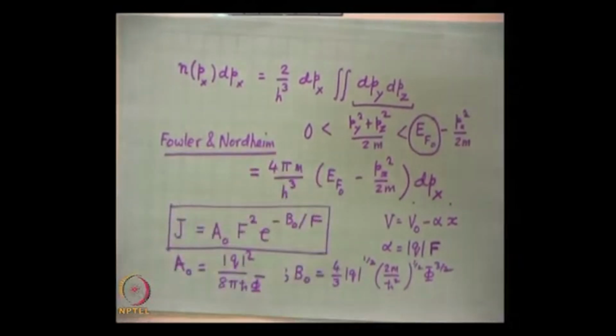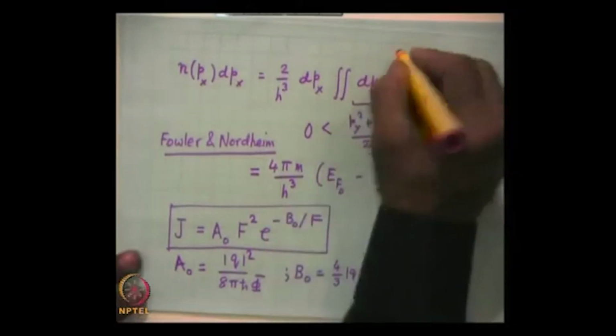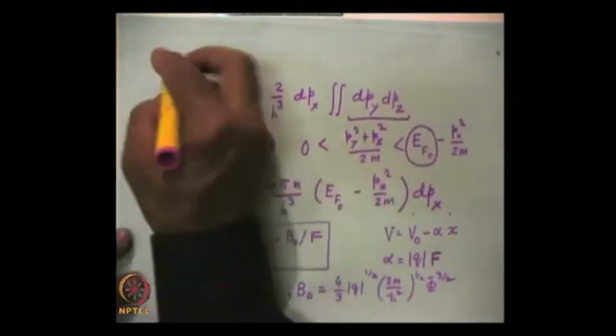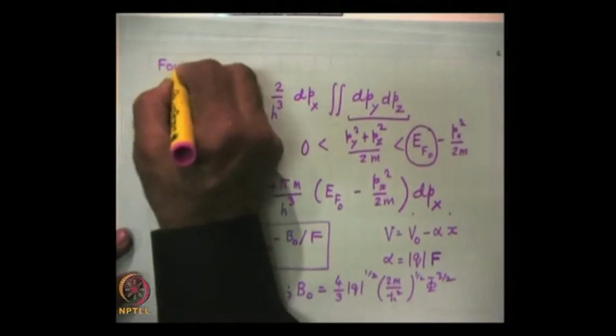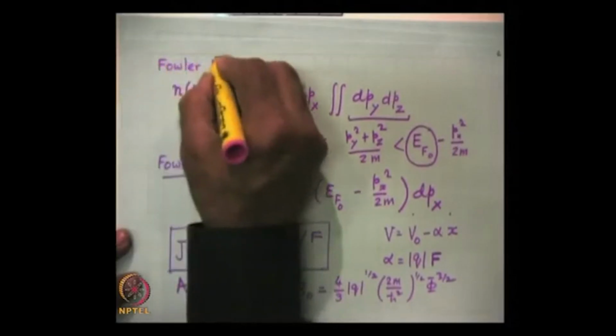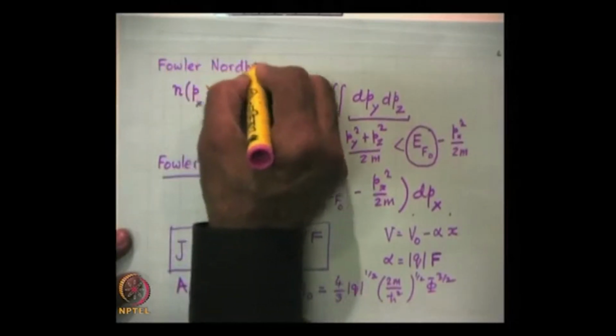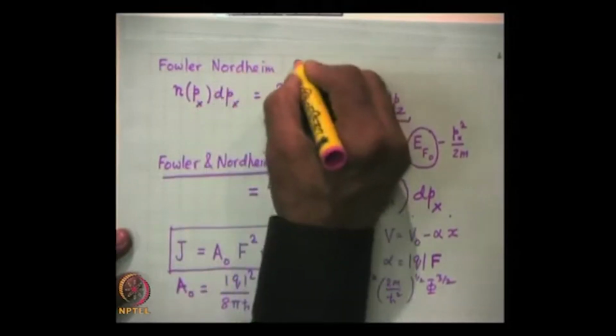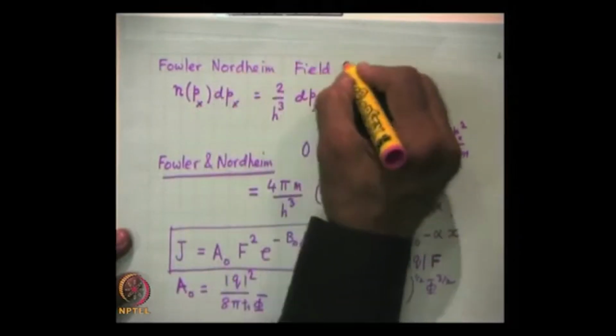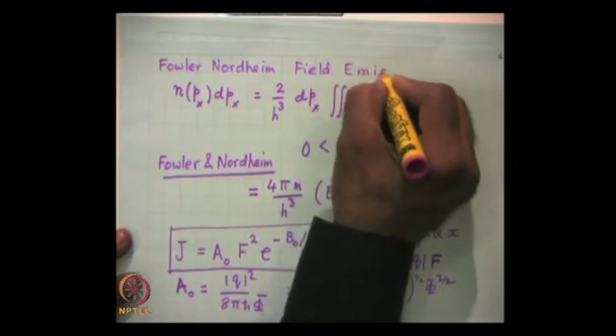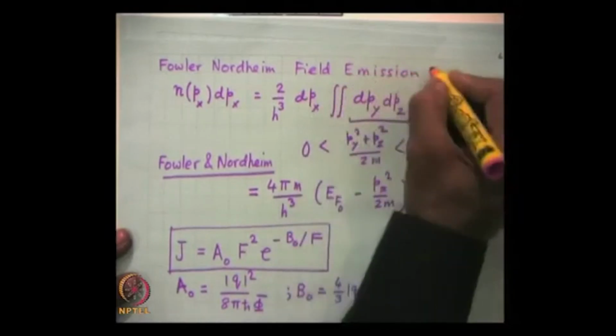So, this is known as the Fowler-Nordheim field emission formula. Let me write it down. Fowler-Nordheim field emission formula.